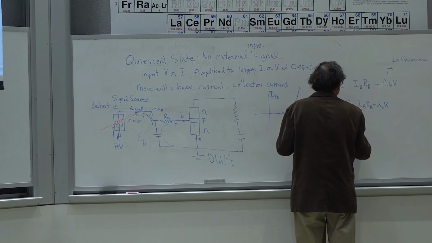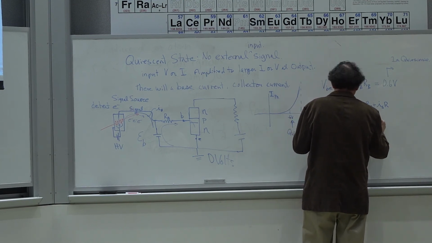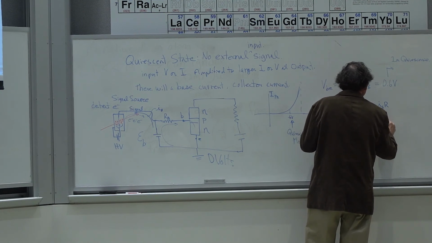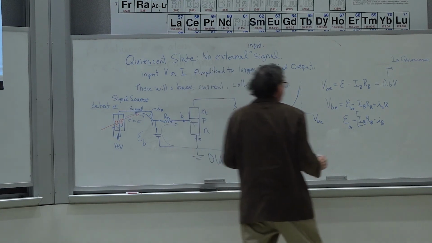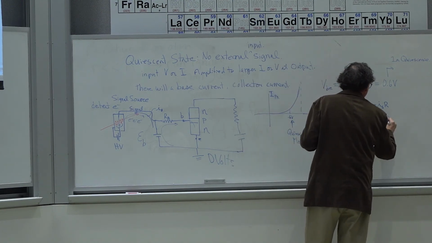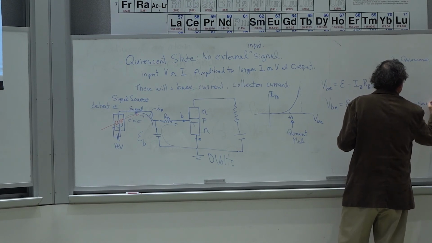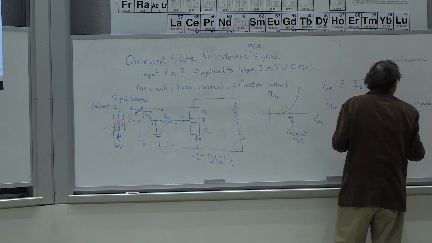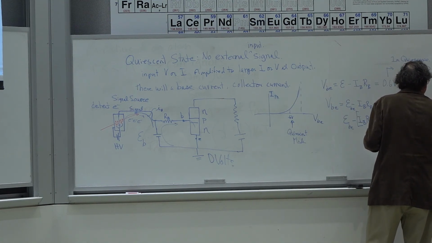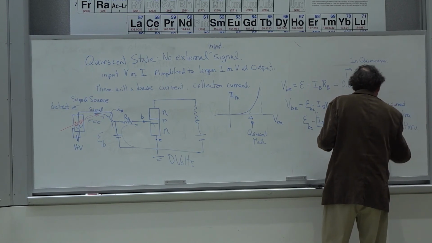So this is EBE, the source, minus the base current times the base resistor, minus the signal, where in this case I'm calling the IS the source current, equal to little IB, which is the extra current going through the base resistor.